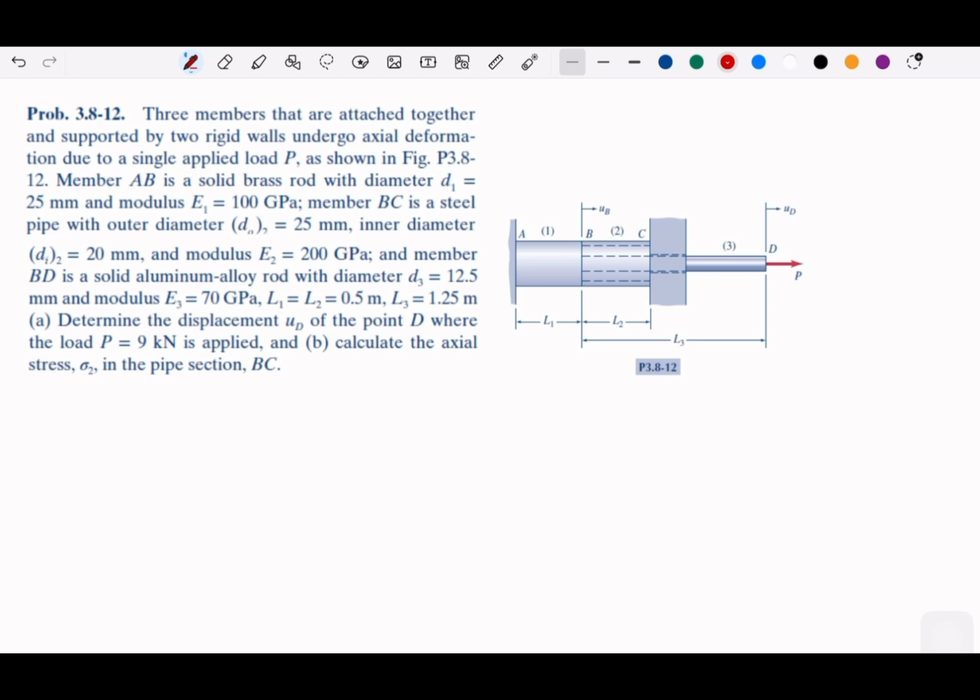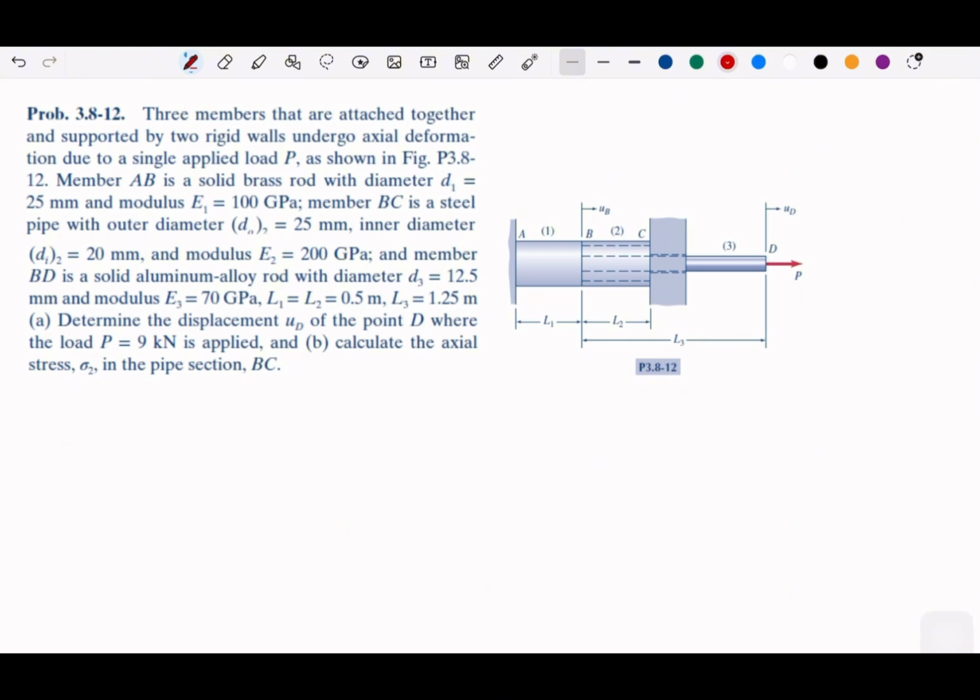And then member BD, the small one, the inside of BC, so it's a pipe. BD is aluminum alloy. It has diameter 12.5, modulus 70 GPa.